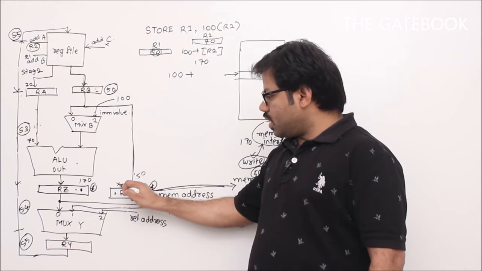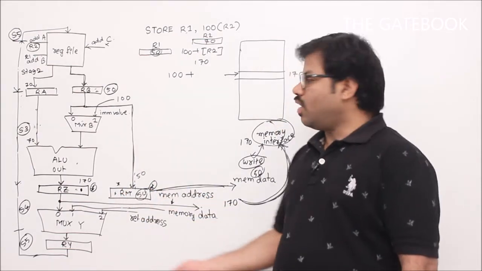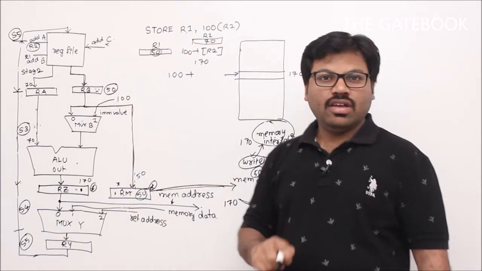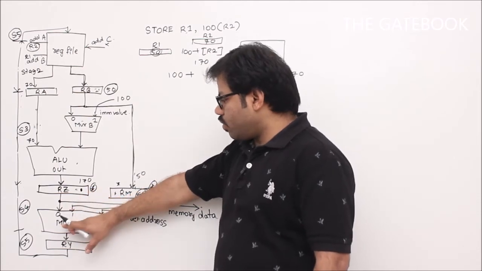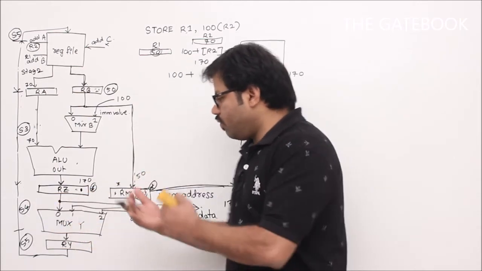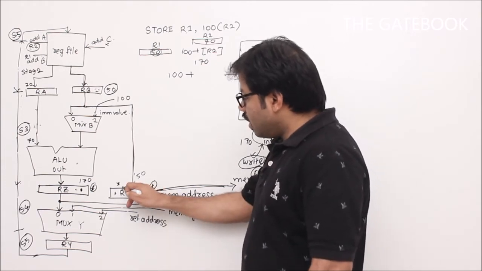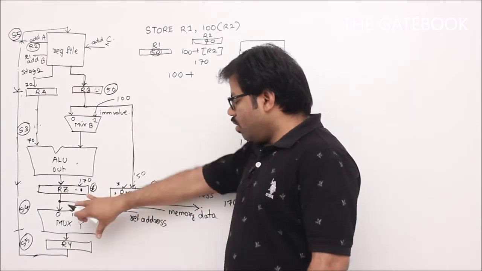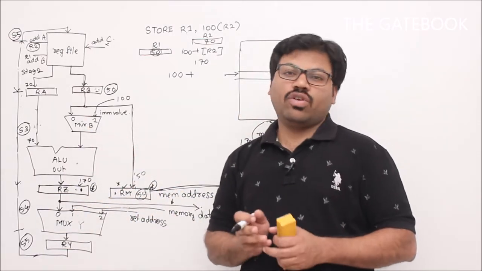The special purpose of this register is what? To just hold the data, correct? Now we are already holding that 50 here, but still we are holding it here. Why? Because the job here is done by stage number 4. So if you design it such that stage number 4 always takes the data from the registers between stage 4 and stage 3, then that would be good.